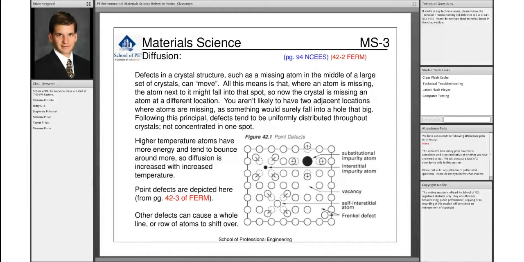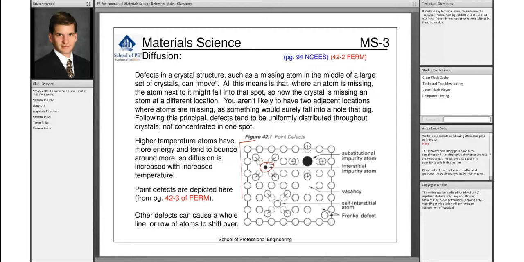So what is it that we might see diffusing throughout a solid crystalline structure? Well, this figure gives us some examples. You might have a small impurity. As represented here, each of these spheres is an atom.